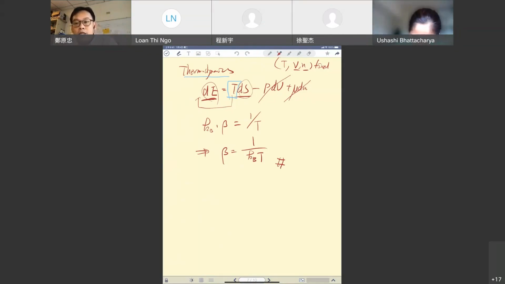When the system reaches equilibrium, the probability distribution goes closer and closer to the Boltzmann distribution. The Boltzmann distribution defines the equilibrium points of any system.